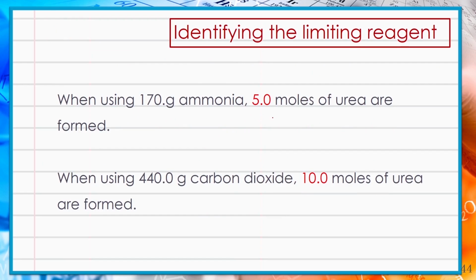So the number of moles of urea formed when using 170 grams of ammonia is less than the number of moles of urea formed from 440 grams of carbon dioxide. Therefore, ammonia is the limiting reagent.